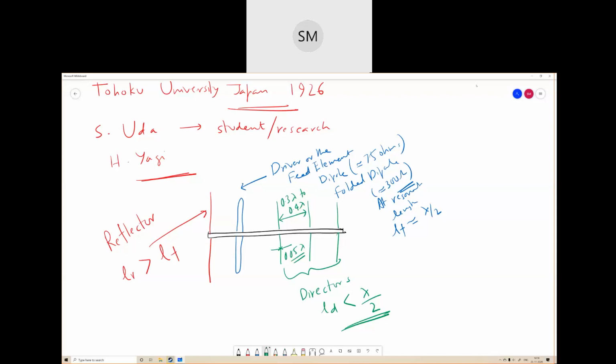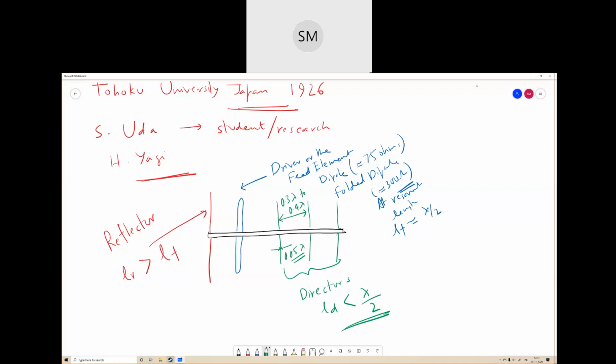The 0.05 lambda, 0.05 times lambda, or lambda by 20, whatever you want it to be.